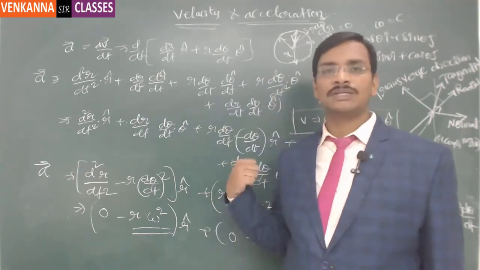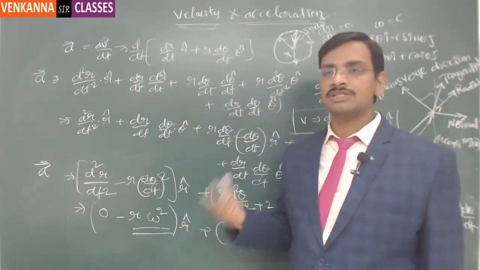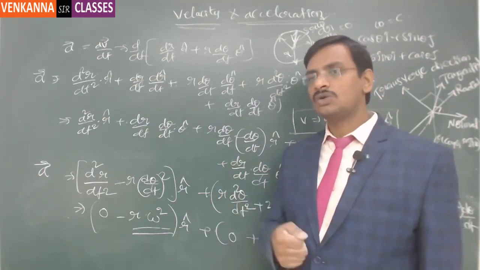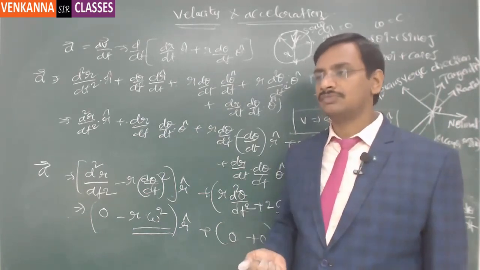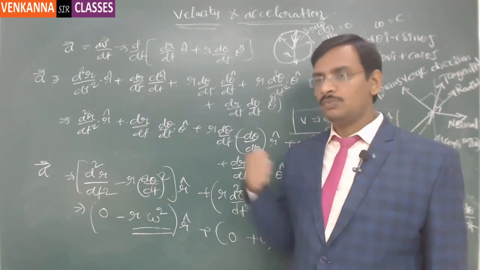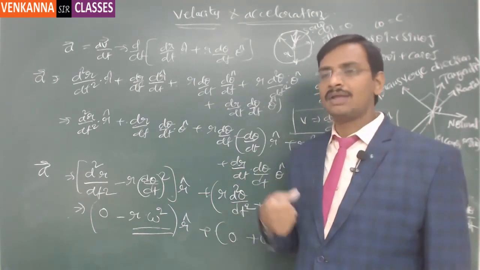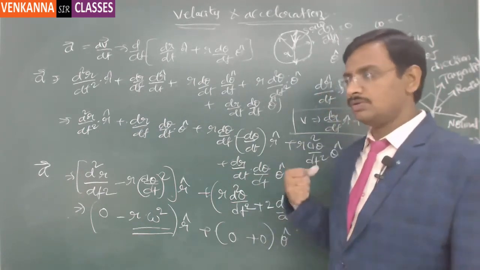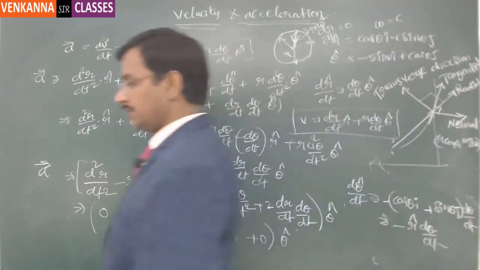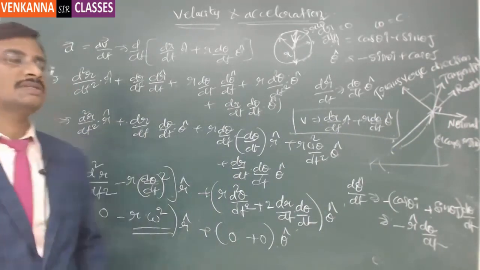One of the best examples is circular motion. If the particle is moving in a circular manner, the acceleration is not towards the periphery of the circle. It is always directed towards the center. So that's why if you push it, the centripetal force will try to drag your hand in the other direction. Got it? You are trying to bring it down. Got it? Okay, yeah. So any questions on this radial and transverse accelerations?